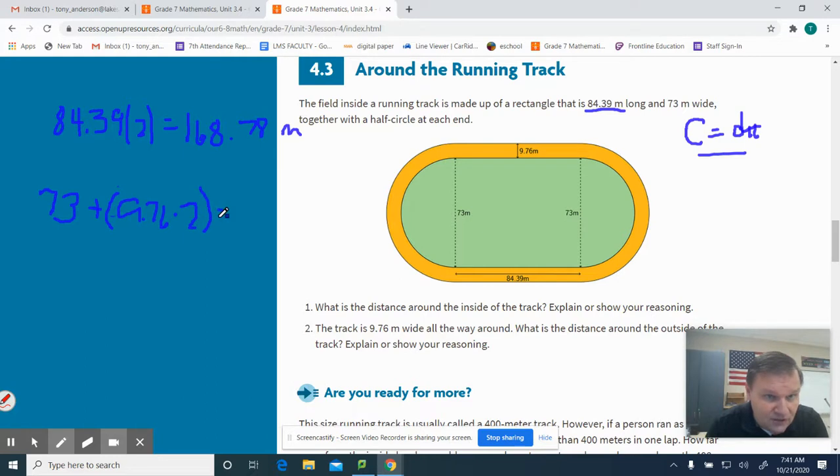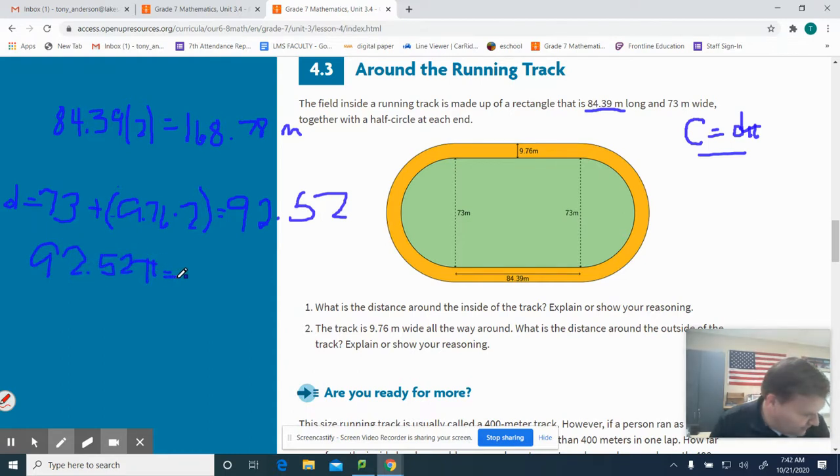Okay, so that gives me a new diameter, and that diameter is 92.52, and I have to multiply that times pi. So I have 92.52 times pi, and that's going to give me 290 and a half, approximately.